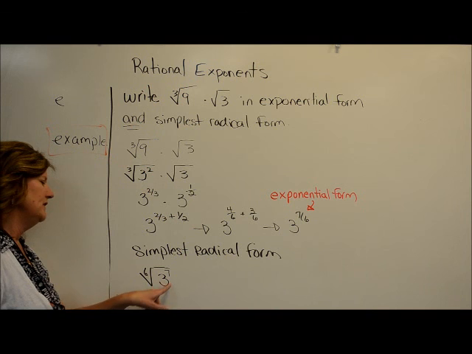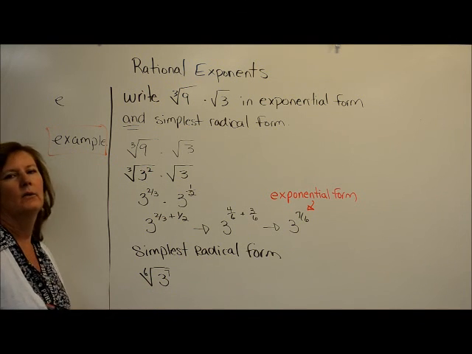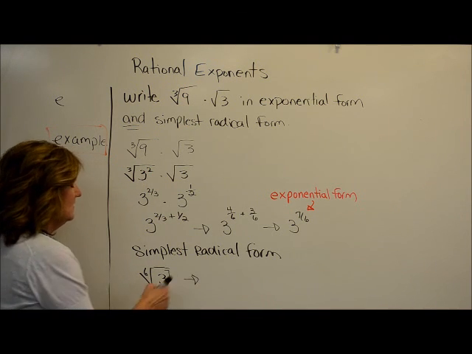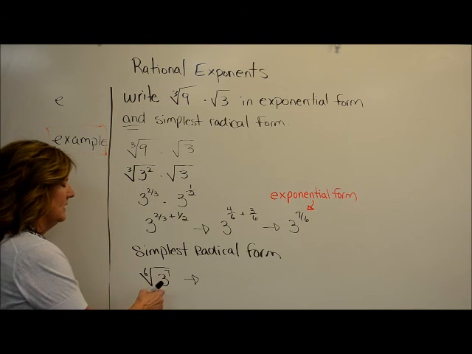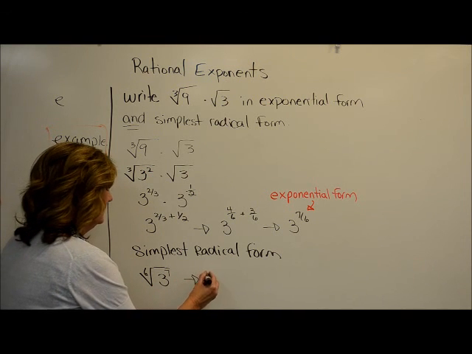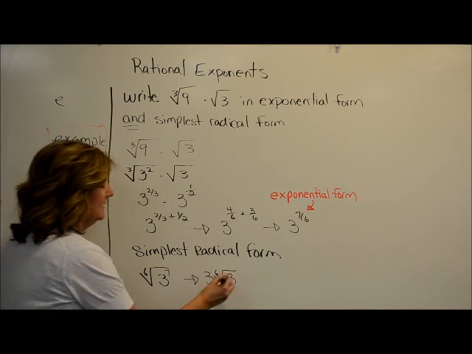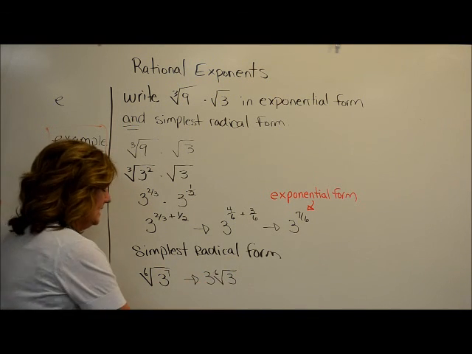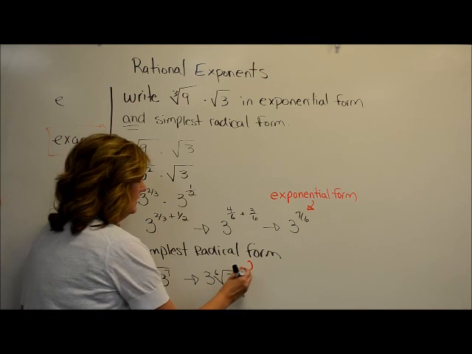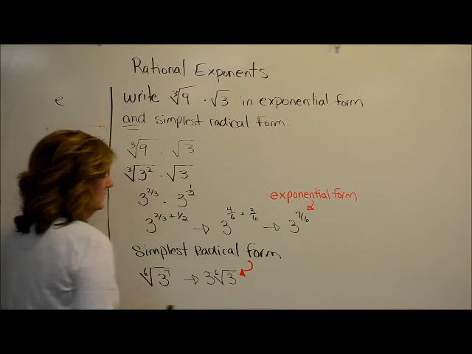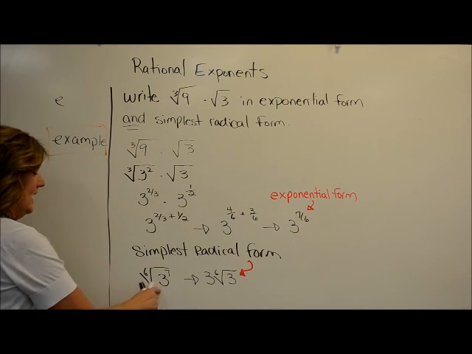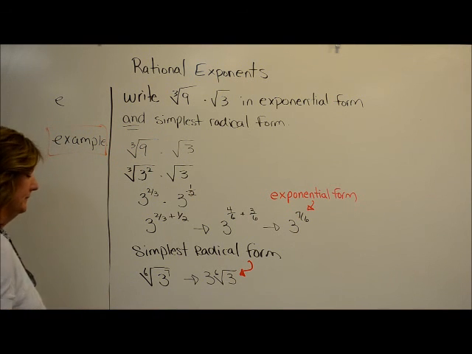So I have 7 3's, I need 6 to get 1 out. So this is not simplest radical form. Simplest radical form is going to be the 3 I can take out and the 6th root of the 3 that I'm going to leave in there. This right here is simplest radical form. That isn't simplified.